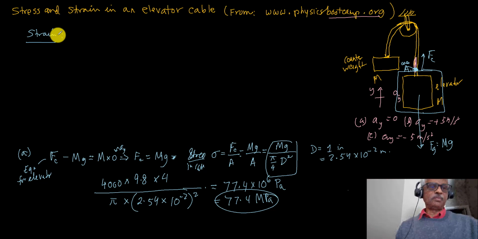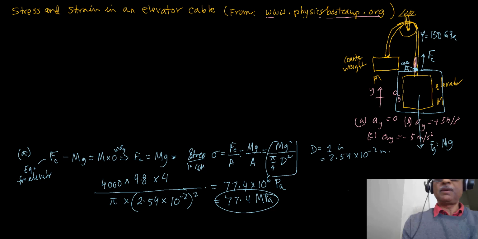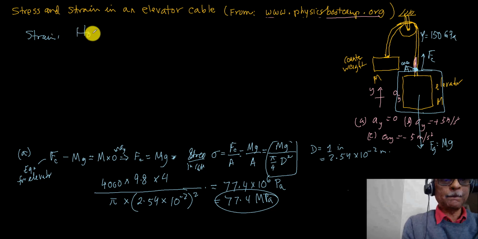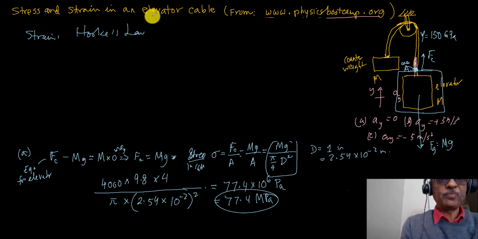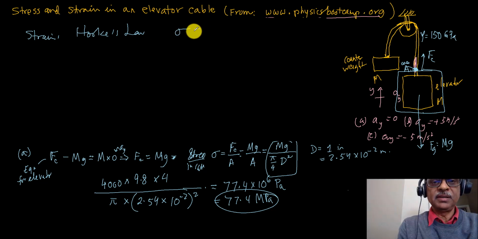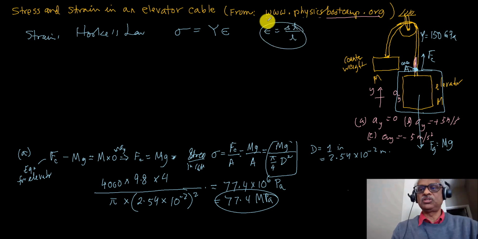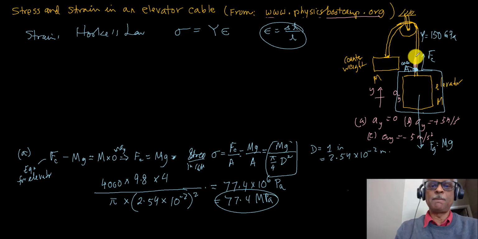For strain, we would use Hooke's law: stress is equal to Young's modulus times strain. Strain is delta L over L, so it's a fractional change in the length, how much the cable is extended per unit length of the cable. I wrote down the Young's modulus of the cable, which was given in the problem, and sigma is what we found now.